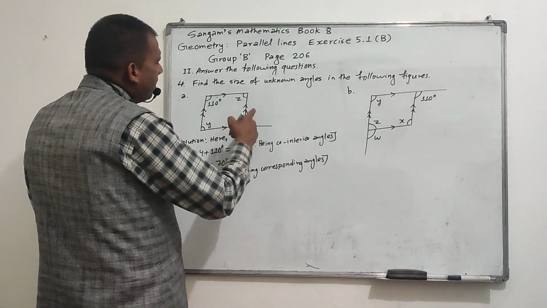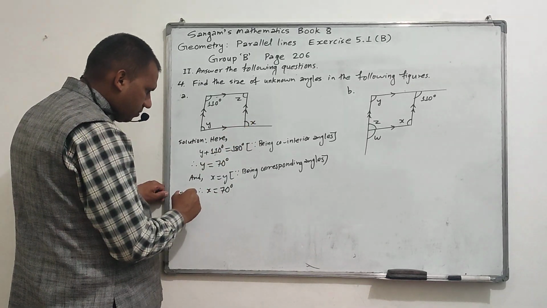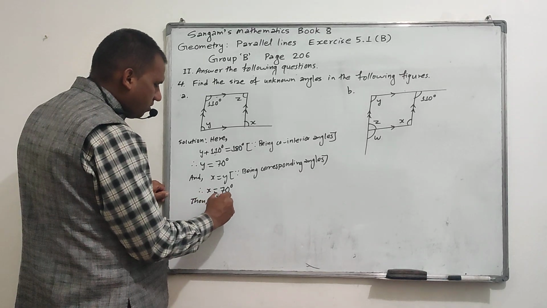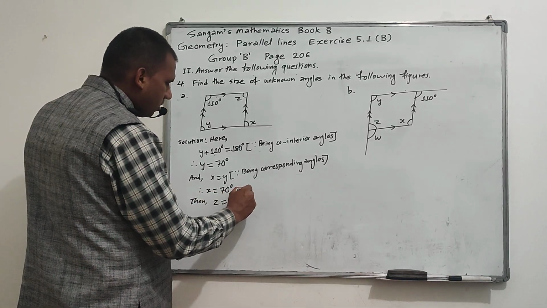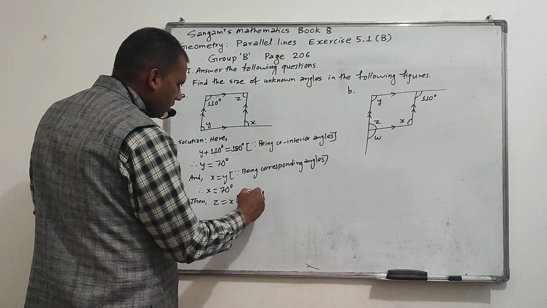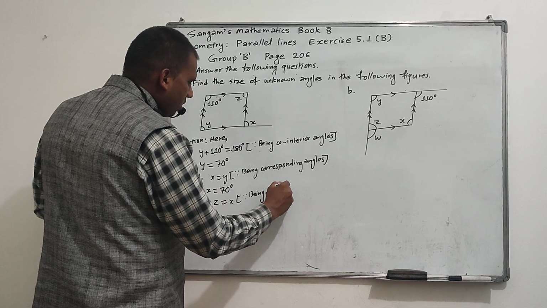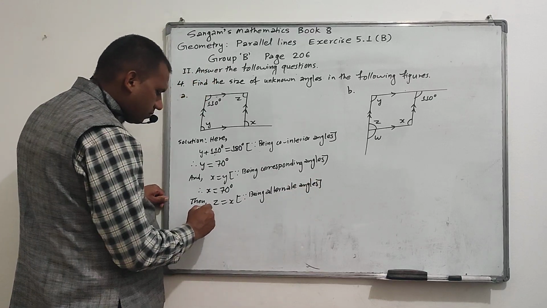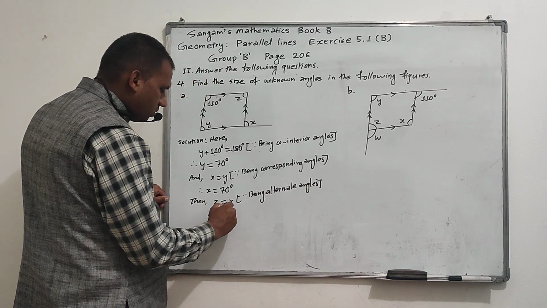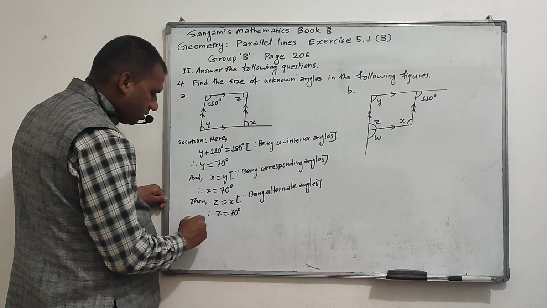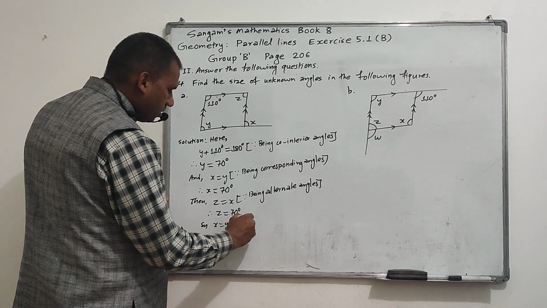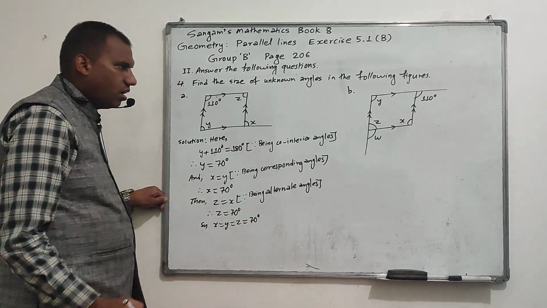Then x and z are alternate angles, so then z equal to x, because being alternate angles, therefore z equal to also 70 degree. So x equal to y equal to z equal to 70 degree. This is the answer.